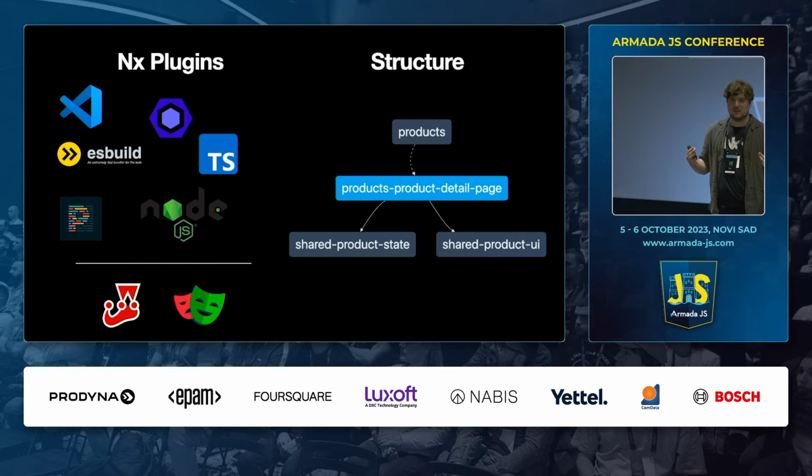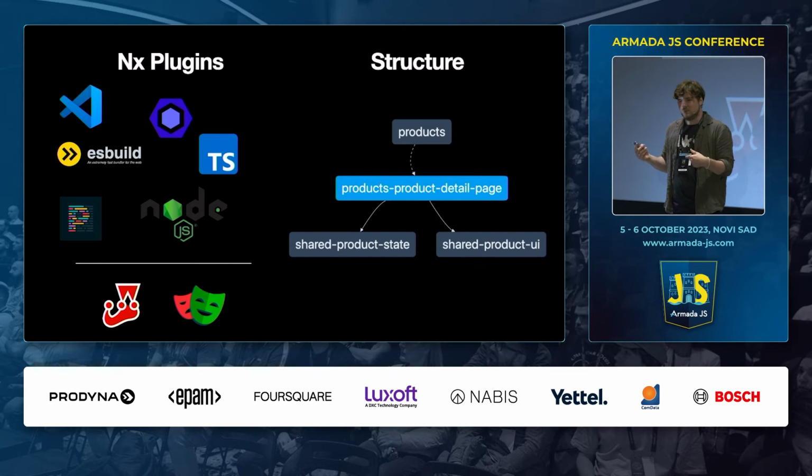You just tell NX, hey, please add ESLint to my project, and it does it for you. And the second thing being executors. Executors are a way to wrap these tools and run commands for you, execute commands for you. So for example, instead of going to the docs and figuring out, how do I run ESBuild, what config files do I need, what CLI commands do I need to run, you tell NX, please run ESBuild and bundle my code, and it does it for you.